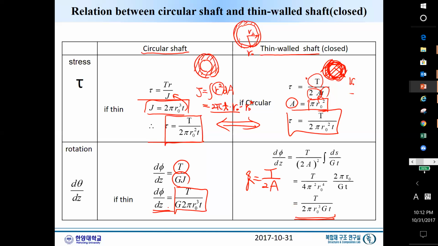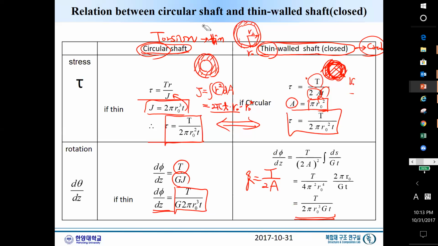So the conclusion is that this is the regular torsion theory of the circular shaft, and this is the thin wall shaft theory, the closed one. If the circular shaft goes to thin, or the thin shaft is circular, the conclusion is of course the same.